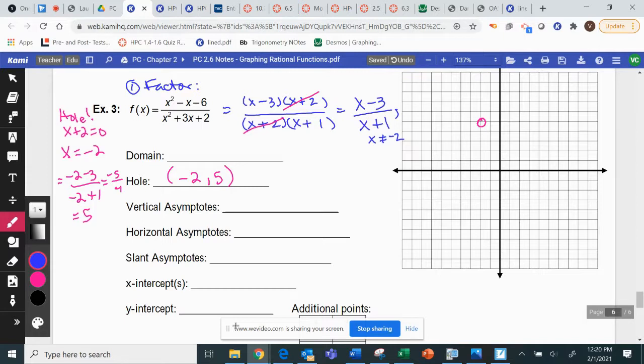That's going to affect our domain. For our vertical asymptote, we're going to set x plus 1 equals 0 and find that we have a vertical asymptote at -1.